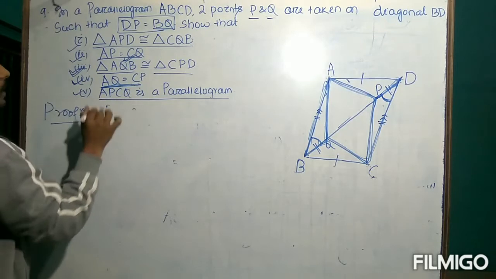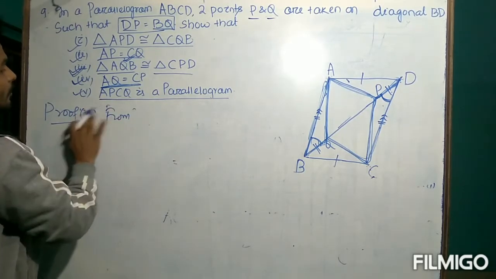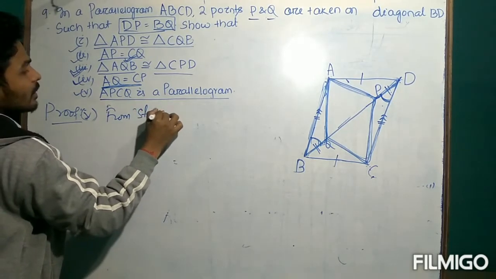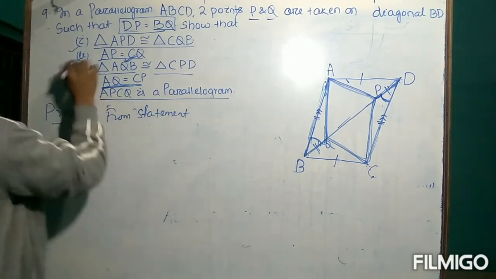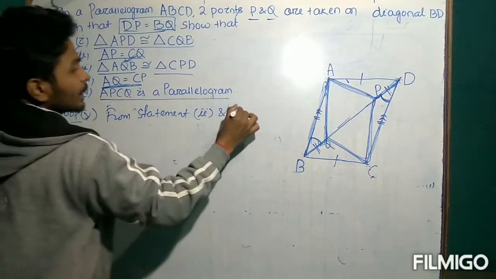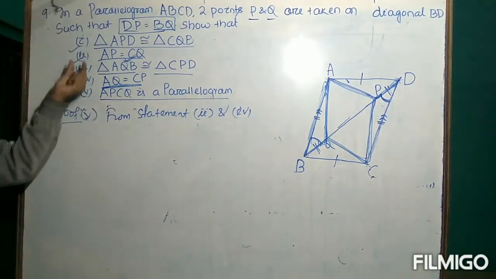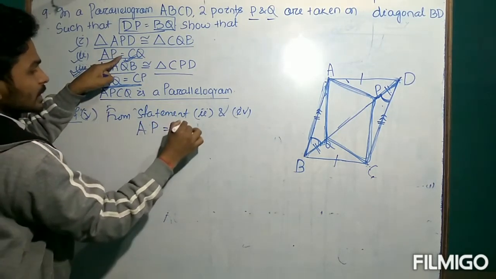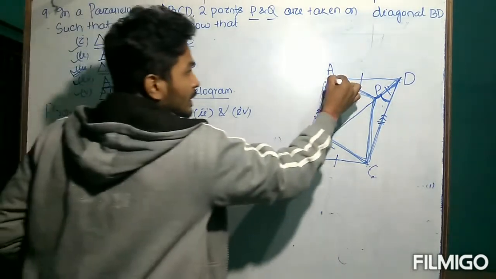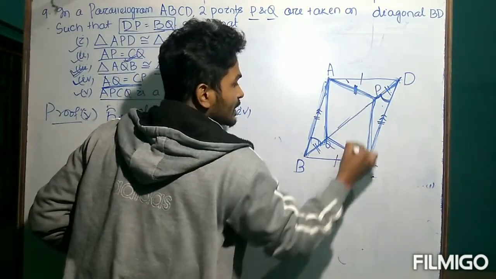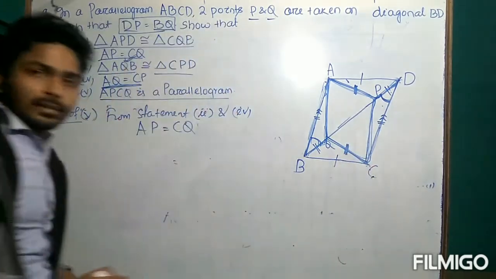So from statement 2I and IB, what we have proved? We have proved that AP is equal to CQ. That means this side is equal to this side. Done.